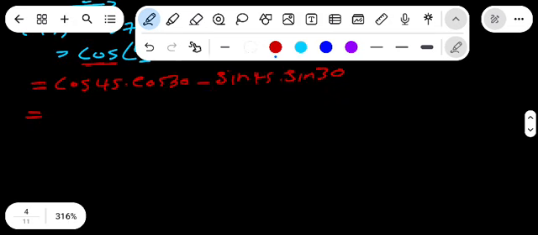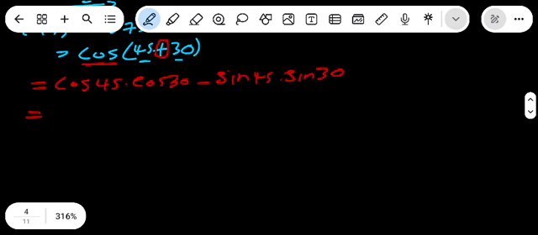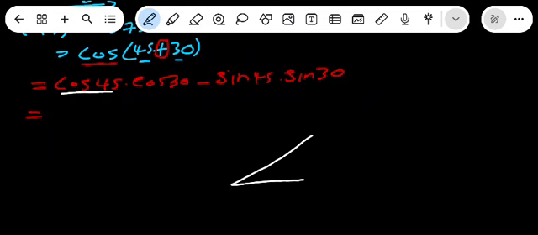One thing is nice, this is a special angle. When I'm talking about a special angle, you remember your triangles. Here, if you have 45 degrees, you still remember 1, this will be the square root of 2. You remember, right?